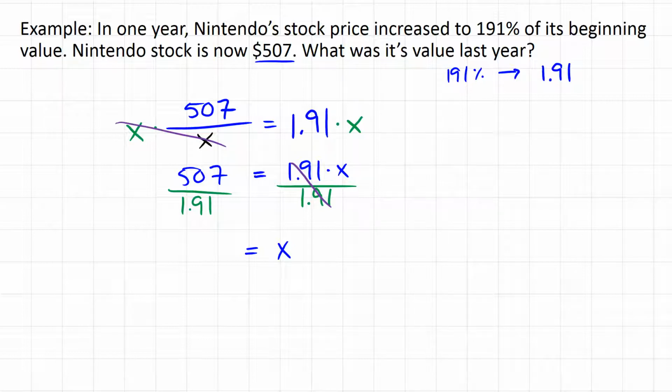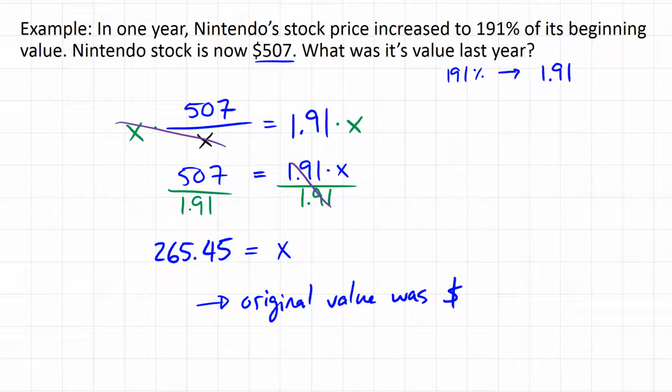So when I do this, I get a value of 265.45 when I round to 2 decimal places. So the original value was $265.45.